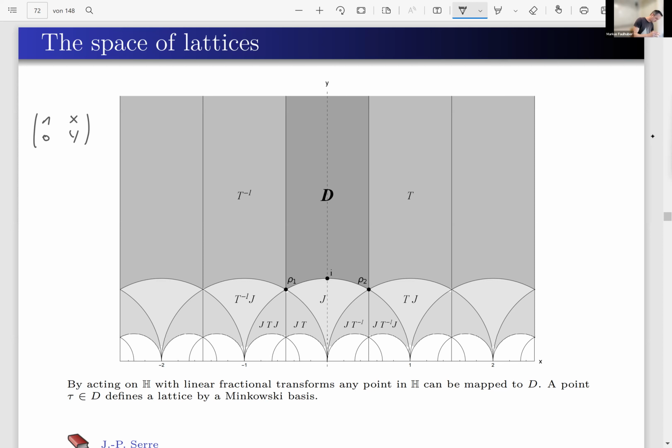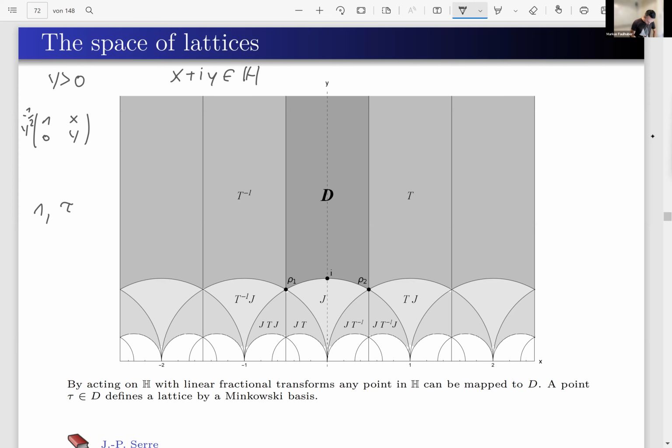Because we want determinant 1, we normalize it by y to the -1/2. So y should be positive, and x plus i y with y positive is an element in this upper half plane. Then you identify R2 with C, and so you have 1 and tau.